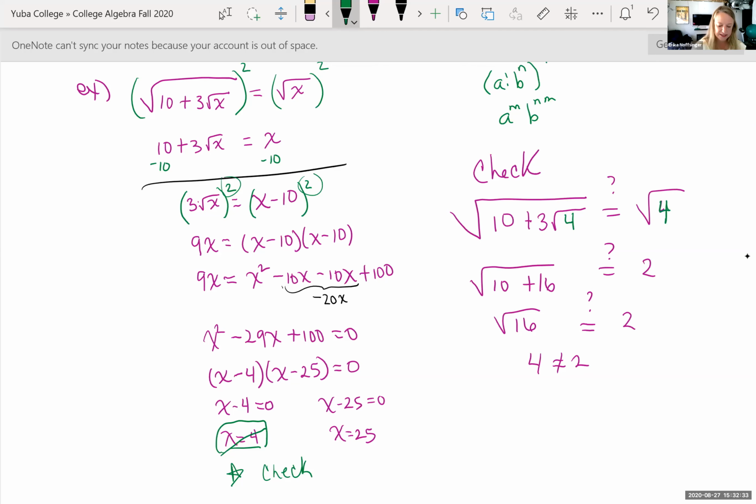And so we want to do the same thing and check x equals 25. So plugging it in, we get the square root of 10 plus 3 times the square root of 25. Is that equal to the square root of 25?